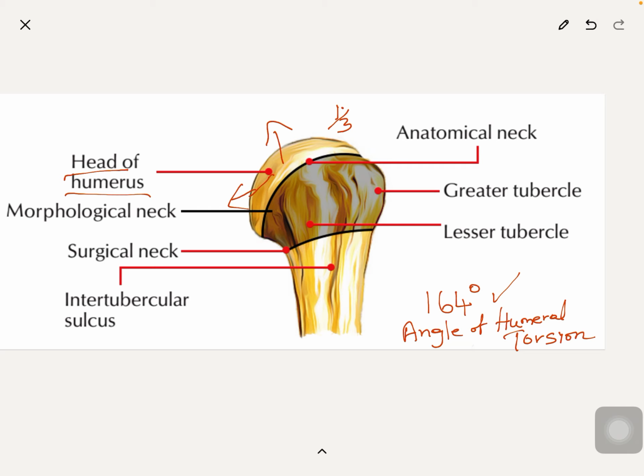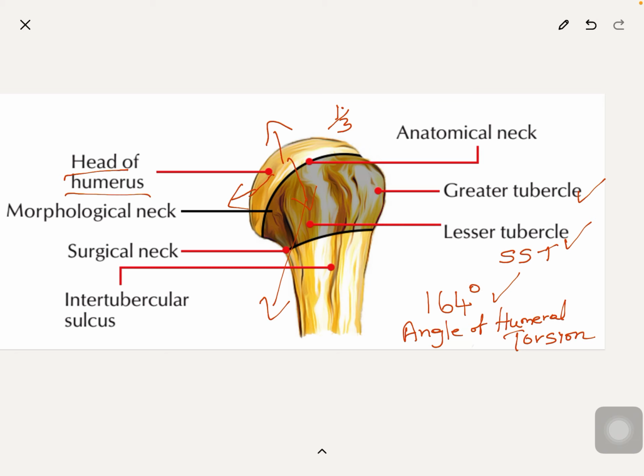We will now see the two projections in the upper end, the lesser tubercle and the greater tubercle. We will see one by one. The lesser tubercle is just beyond the head. What is attached to the lesser tubercle is the subscapularis tendon. It receives the insertion of the subscapularis tendon, which slightly extends also into the shaft.